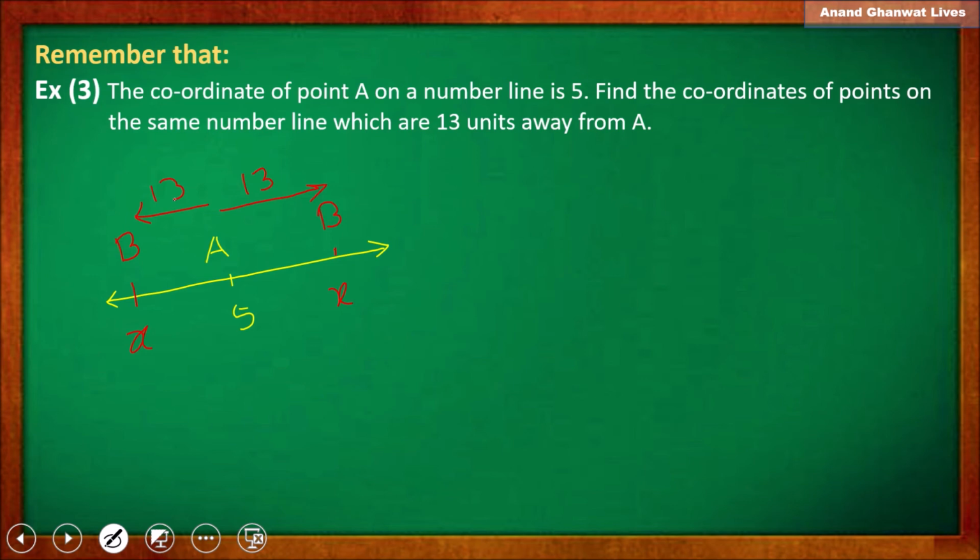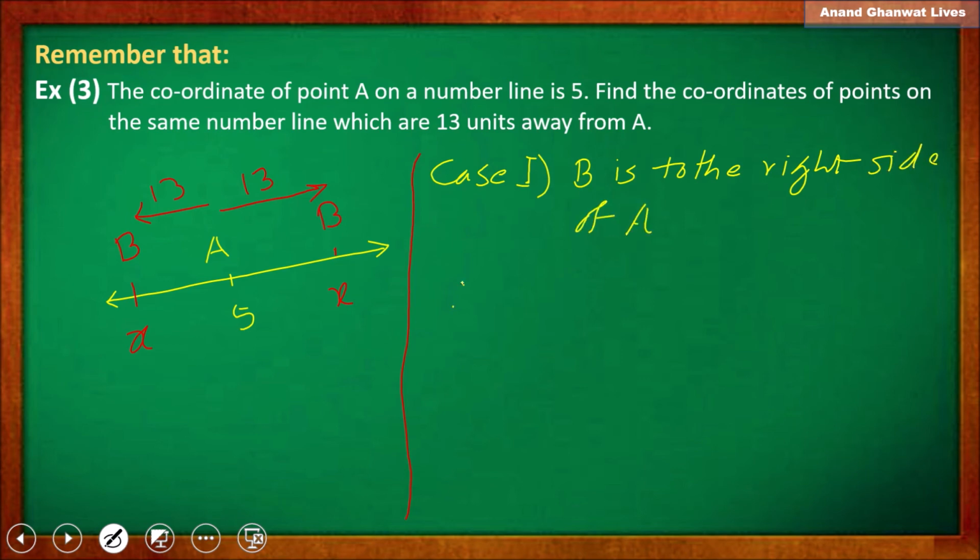So we get two conditions to solve this example. Case first: B is to the right side of A. In this condition, the distance between points B and A is equal to the greater coordinate minus the smaller coordinate.